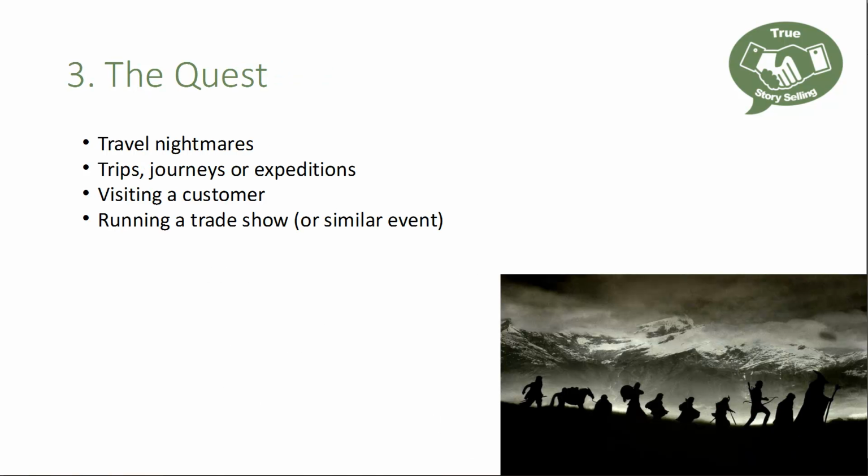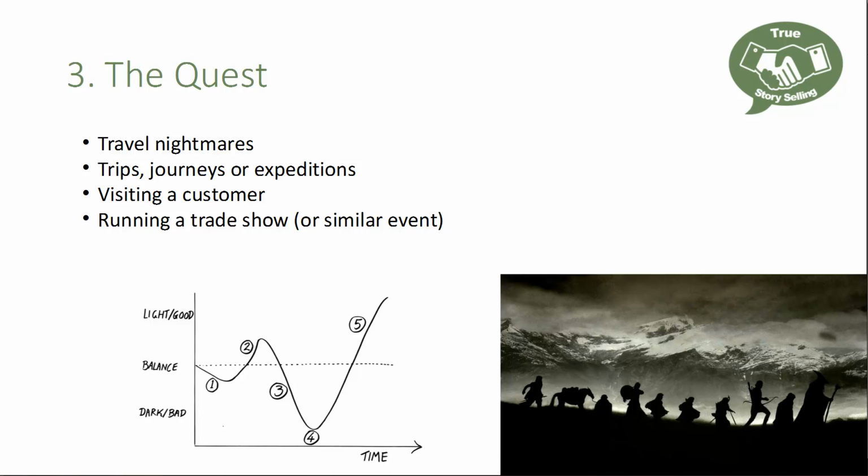The third story is the quest. So examples of quests could be travel nightmares, expeditions, journeys, visiting a customer. The thing about a quest is it's always a physical journey and it always involves helpers. So in Lord of the Rings, for example, we have the hobbits, Merry and Pippin, who support the main characters on the quest.